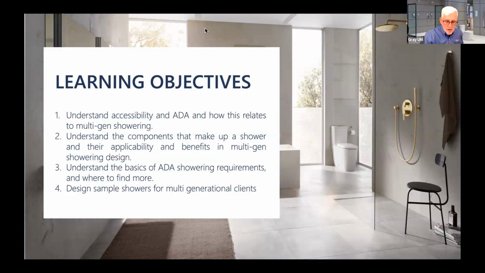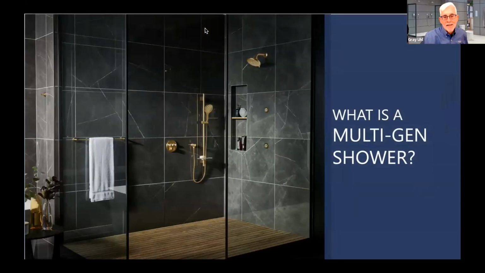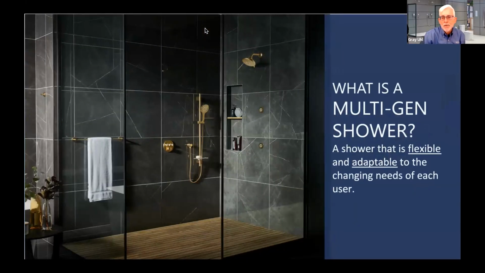That's everybody, as we have any kind of restriction to mobility going forward, that has an impact. So what is a multi-generational shower system? It's a shower system that's flexible and adaptable. It deals with changes in individuals as we go through our lifetime.